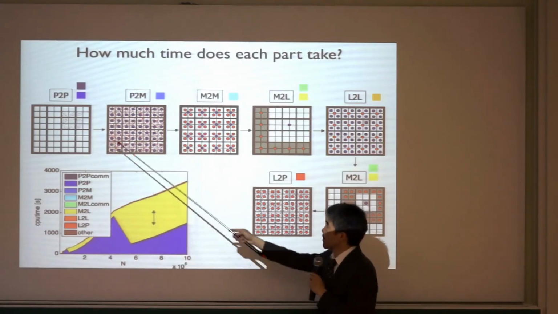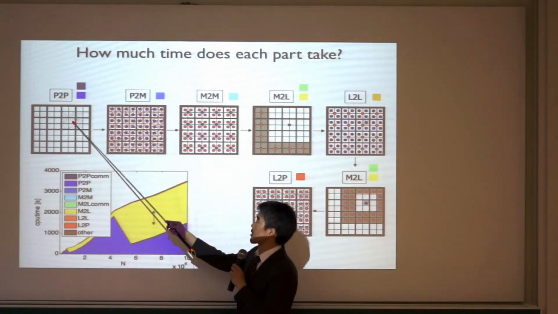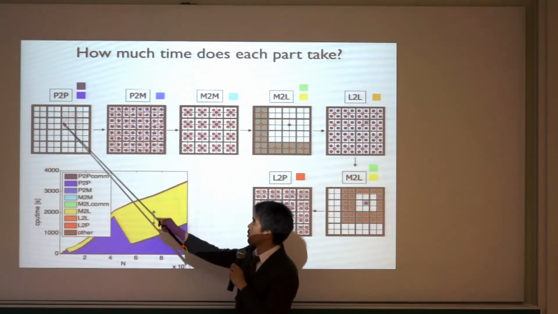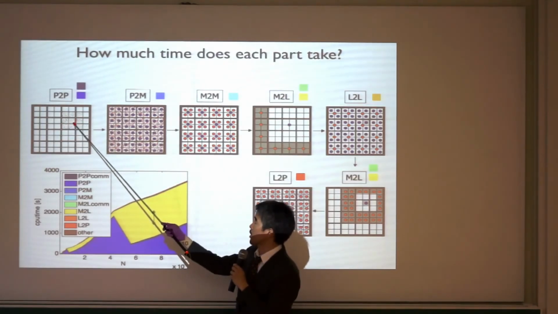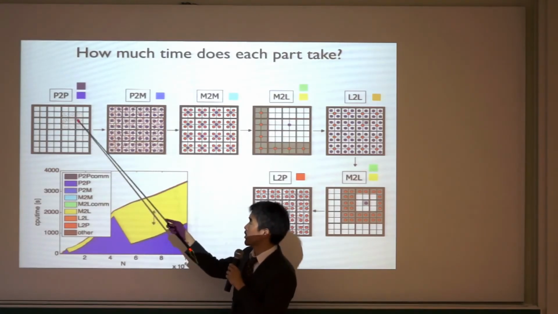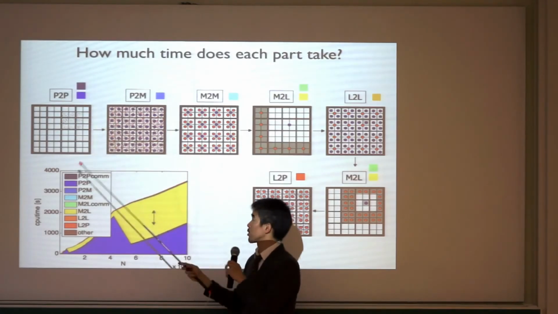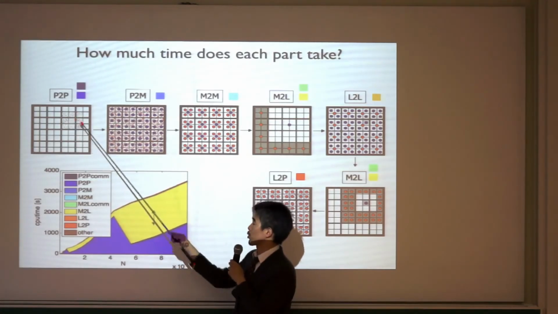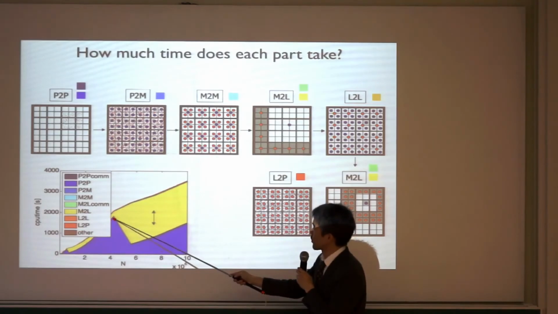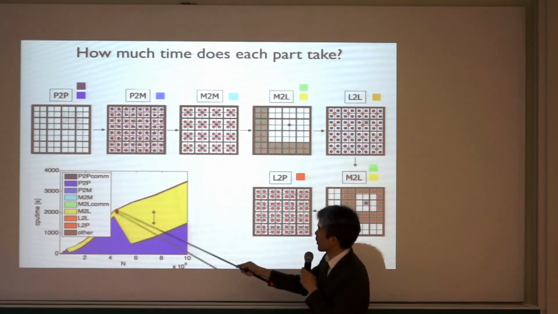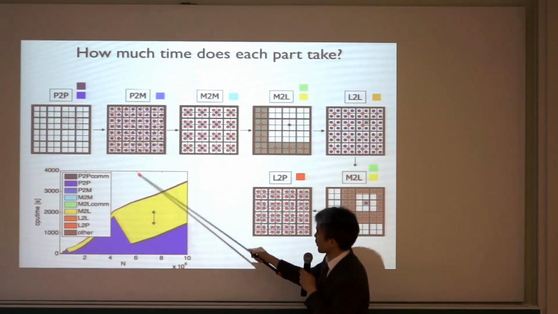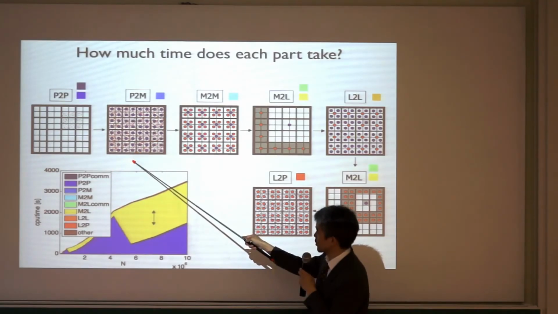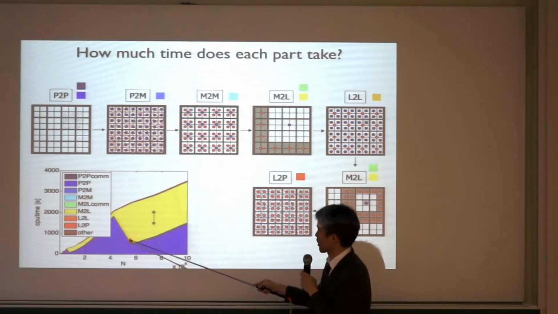But the P2P decreases because you divide this into smaller boxes. Actually, the size of each box will shrink to 1/8 in 3D, and the number of particles inside them will shrink to 1/8. So if you follow this blue line, it would have gone quadratically to here, but it decreases to 1/8 down here.